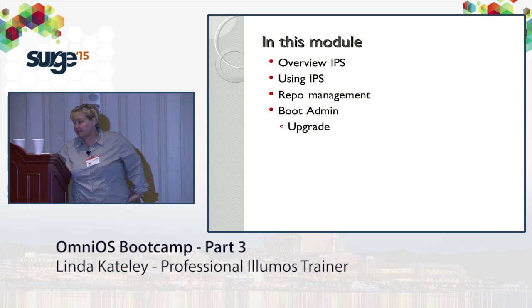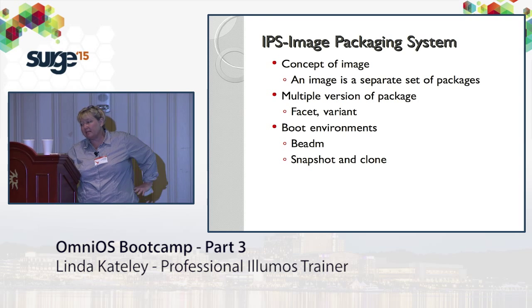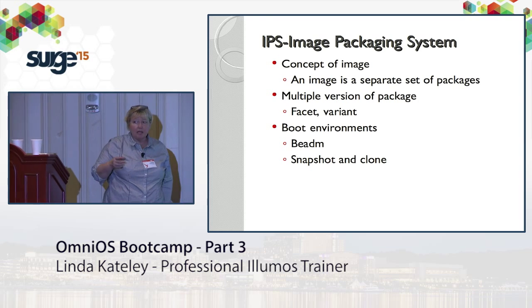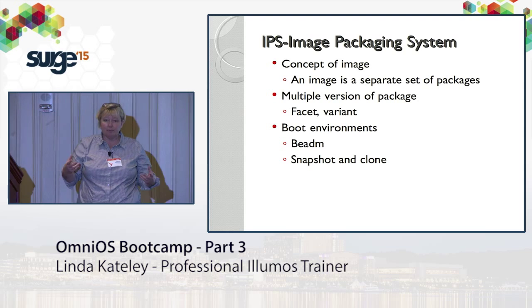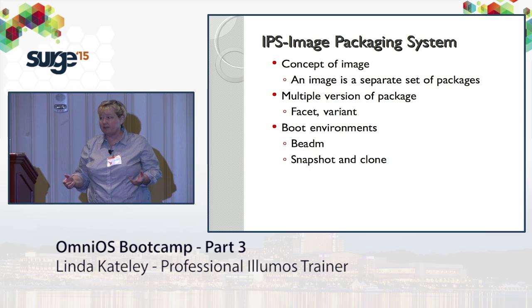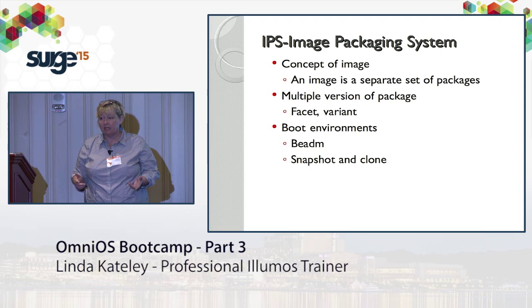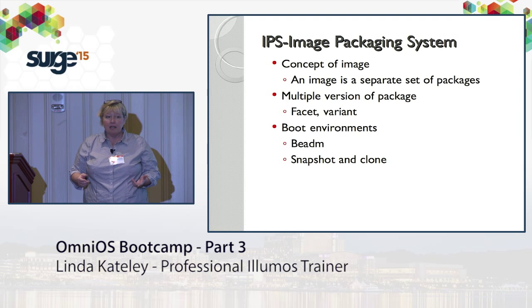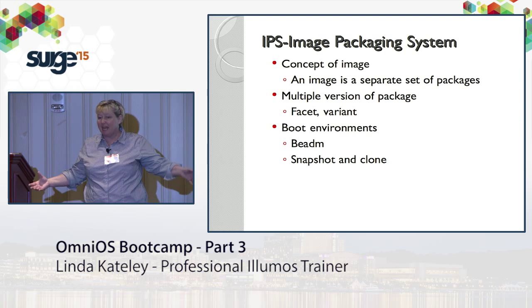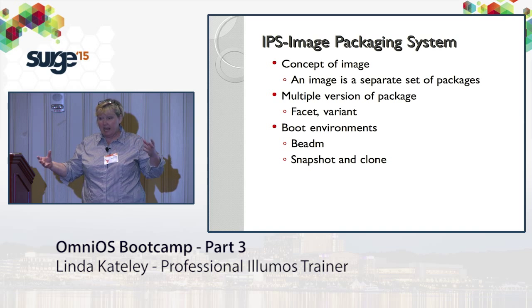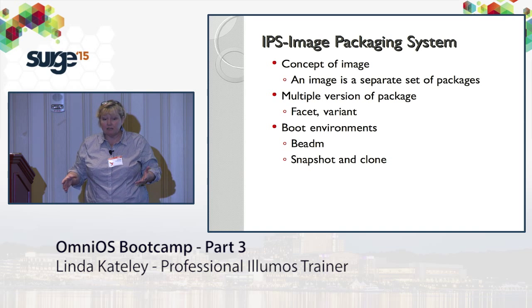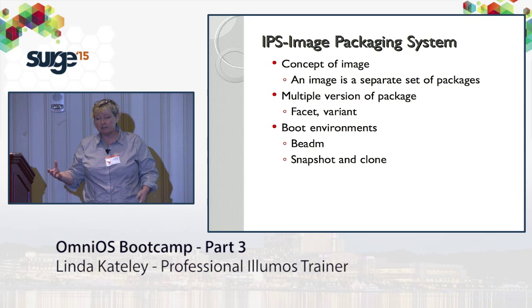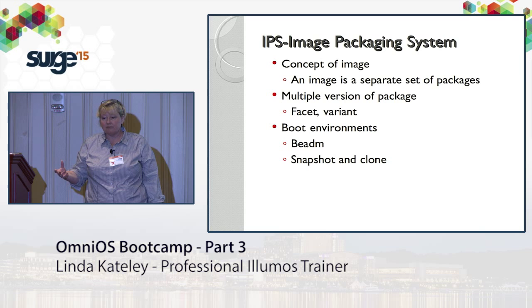I would say the package management, the image packaging system, kind of came late to the party. A lot of people have already done different package management. If anybody ever did System 5 packaging, you hated it, I'm sure. There was no dependency mapping, there was no anything. From all my years at Sun, they had a tendency to over-engineer everything, and they did the same thing with IPS, the image packaging system. Some of the stuff you can do with image packaging is just overwhelming.